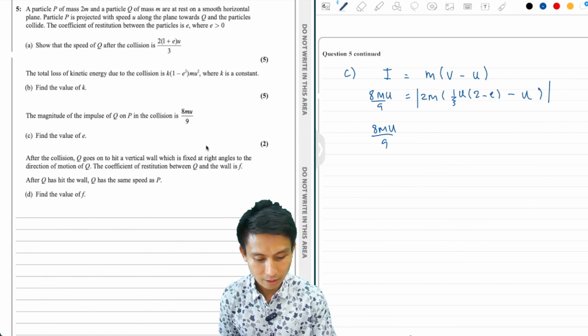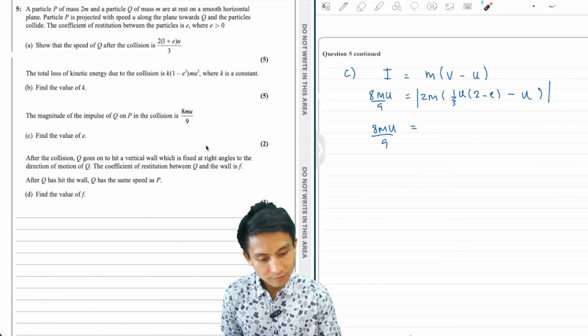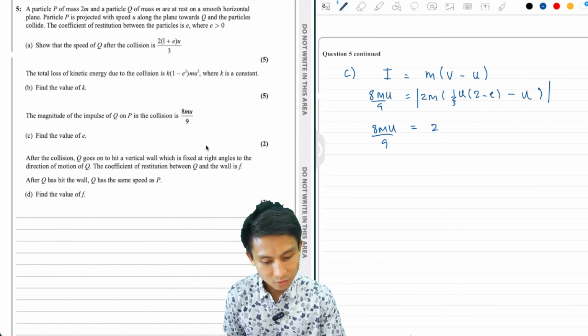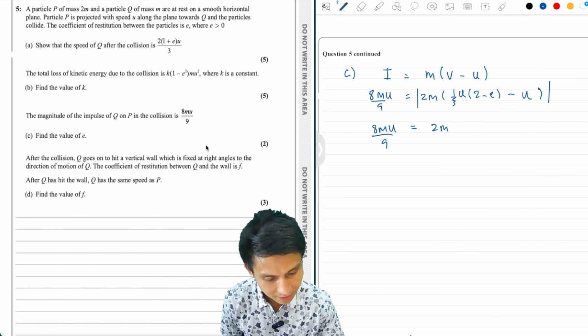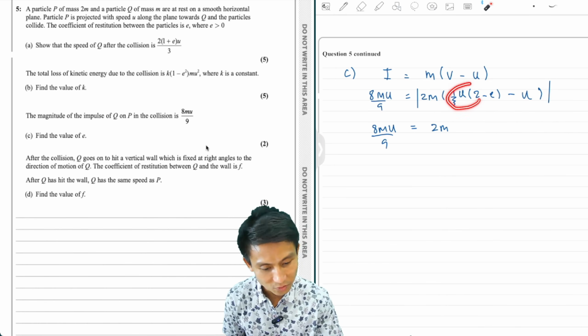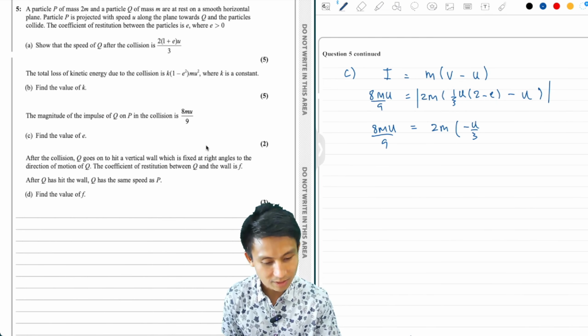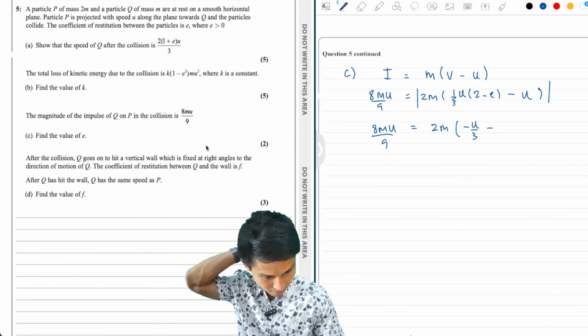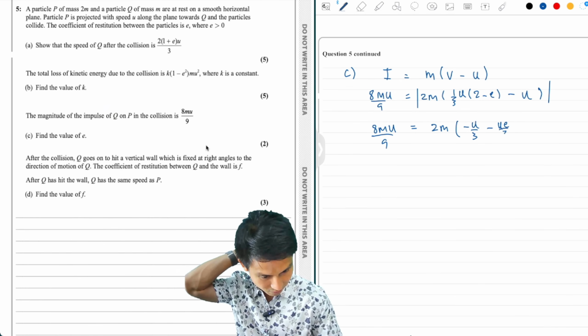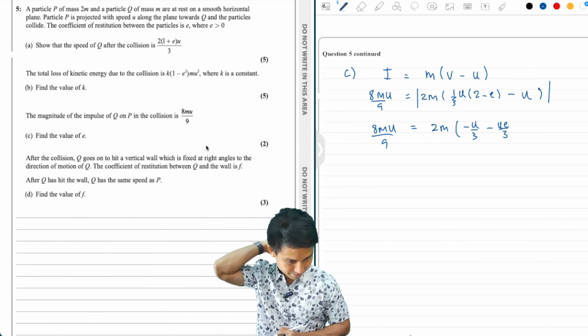So if you simplify in here, you get 2m, and what is that? So this is basically 2/3 u minus u, so you get minus u over 3 first, and then if you expand this in, you get minus ue over 3 as well, right?